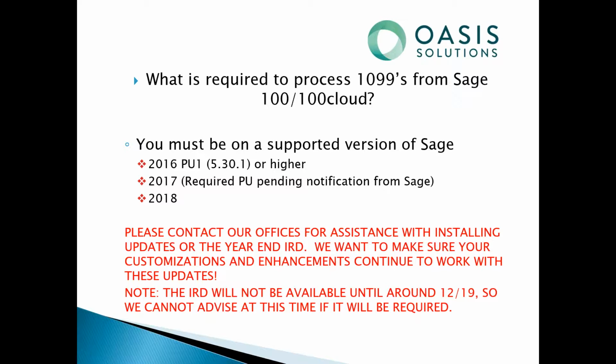When we have those appointments with you, we will install the IRD if it's applicable. Our stance is that if the IRD is not applicable to you, we see no need in installing it at year end. Everyone is so busy and trying to get everything processed and dealing with auditors and getting your forms out. But we will advise you on that information.